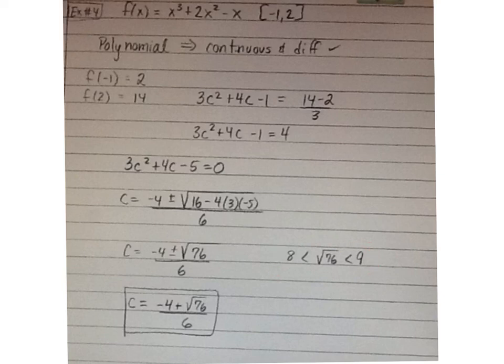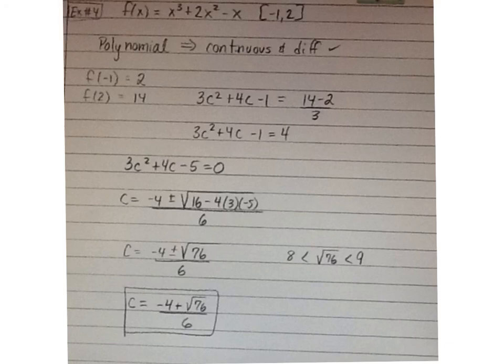So I would say that negative 4 plus or minus 8.5 over 6 would be the values, but I only need to consider the value of c that falls between negative 1 and positive 2. So if it was negative 4 minus root 76, that's going to be way too small to give me a value between negative 1 and 2. So the value that I would use is the positive value, negative 4 plus radical 76 over 6.